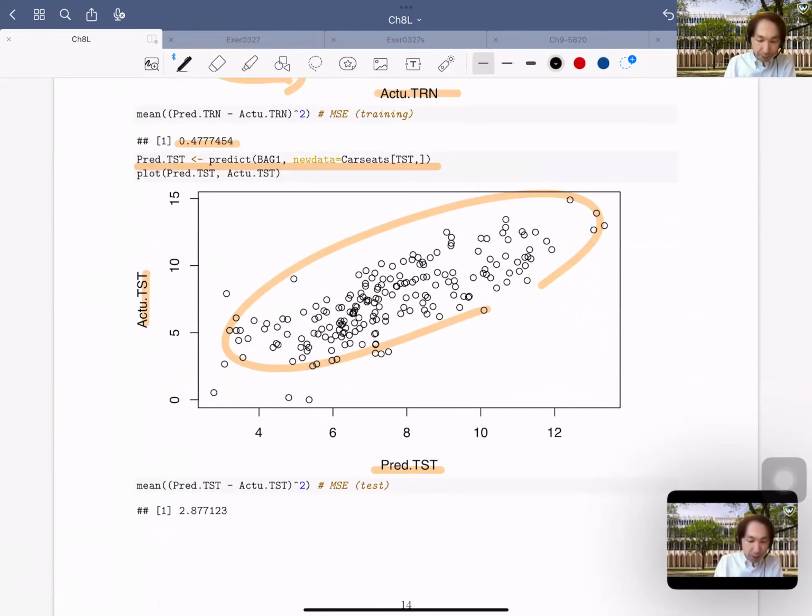So remember that for the stepwise selection of the linear model, both training error and test error are about 1.1.